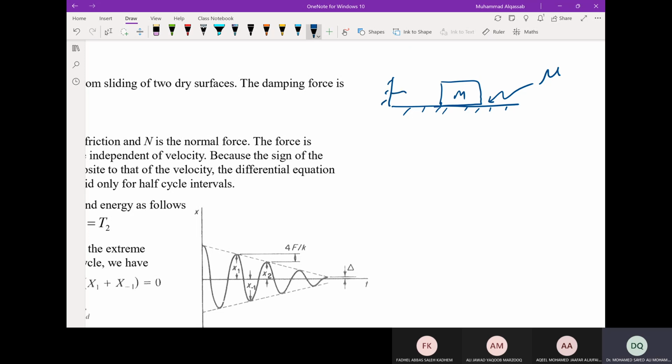And then if you add a spring, this will oscillate. This is not undamped. This is damped, and the damping comes from friction. So the damping means there will be absorption of energy, and then the amplitude will reduce with time.